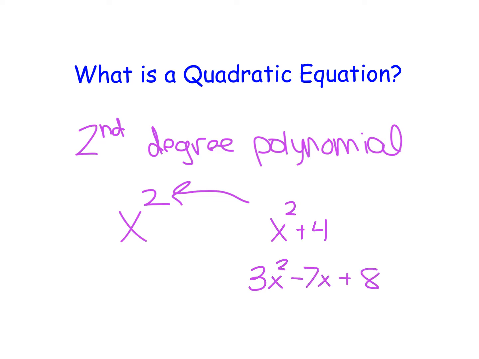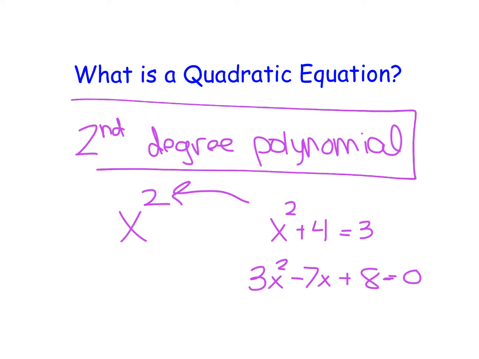If we have equations, it means it has some sort of equals with it, so we could have something like equals 3 or equals 0. We're going to be focused on solving these types of equations that contain second degree polynomials in this lesson.